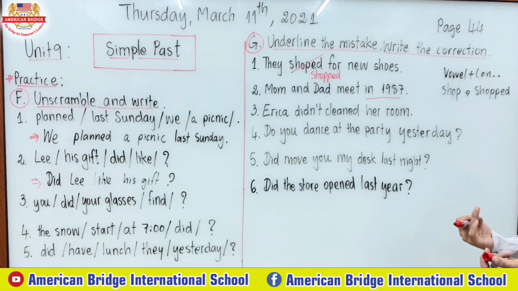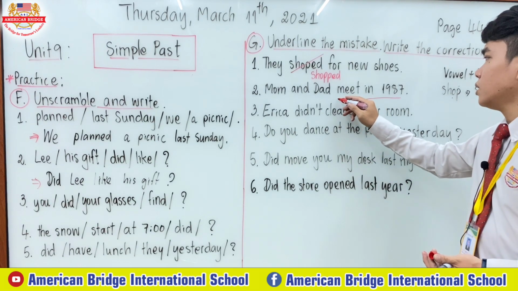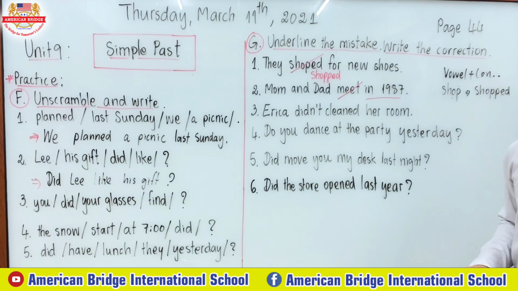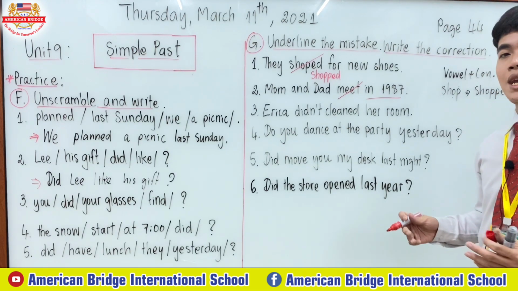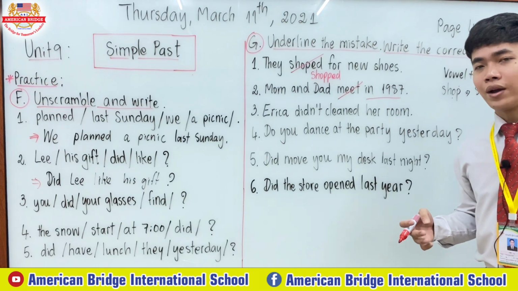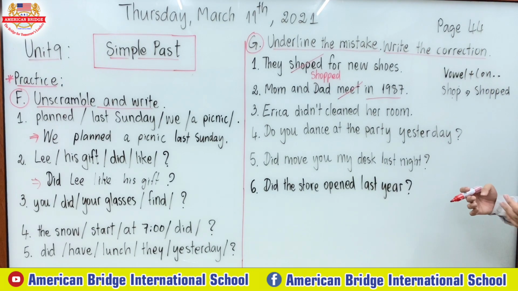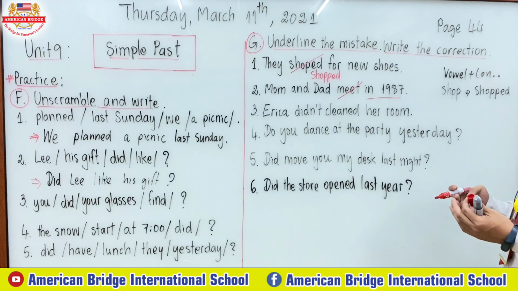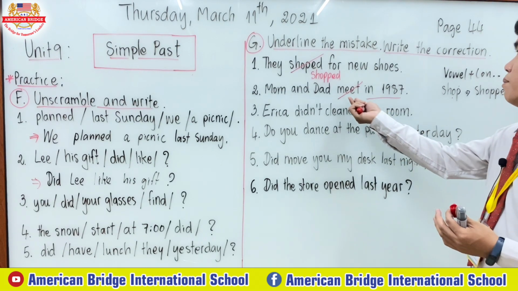But what is the mistake in our sentence? The mistake is also the verb. The verb in number 2 is not correct. Why, everyone? The reason is the verb meet.